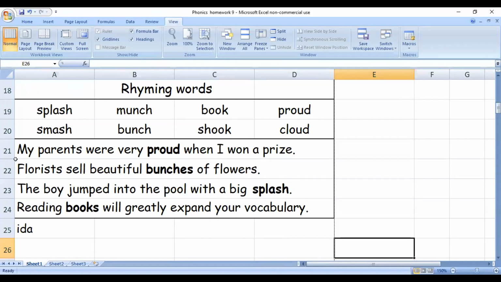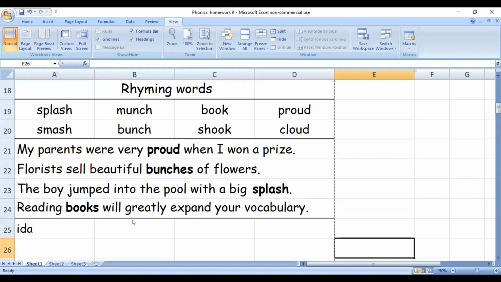Manuel, English Club captain. My parents were very proud when I won a prize. Florists sell beautiful bunches of flowers. The boy jumped into the pool with a big splash. Reading books will greatly expand your vocabulary.